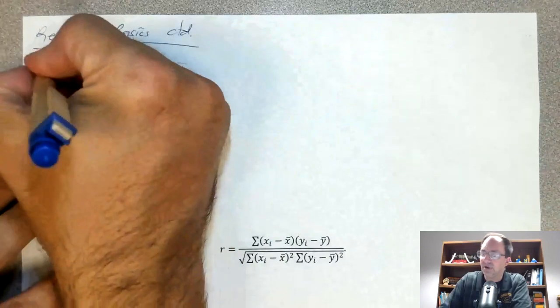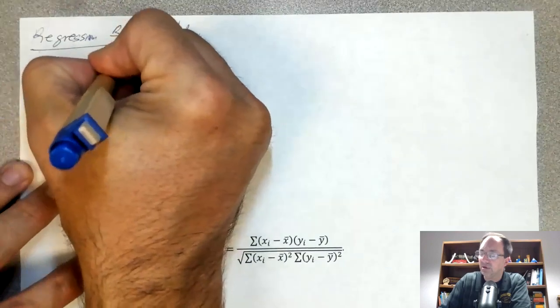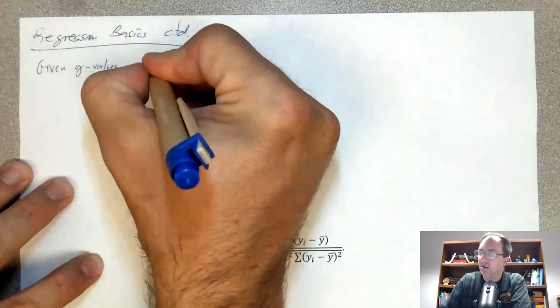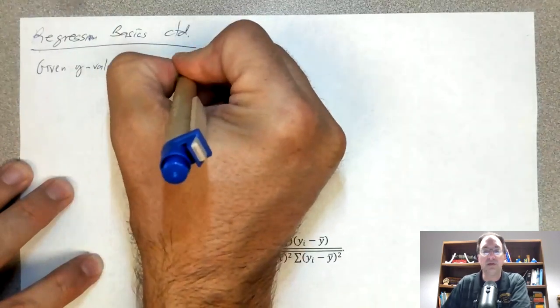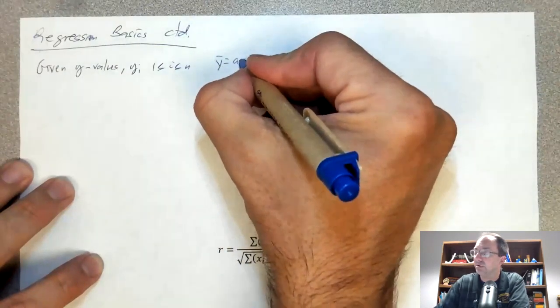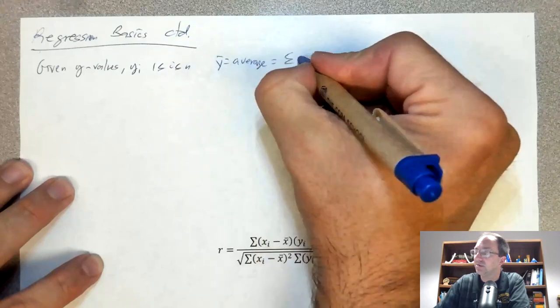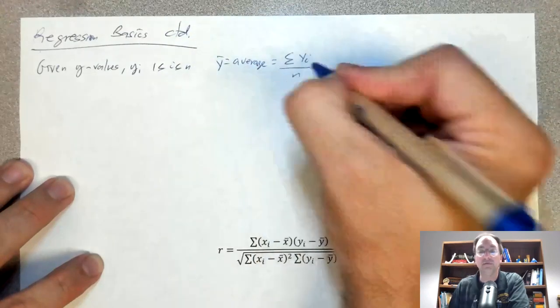The first thing we need to recognize is that given some y values, yi, where i goes from 1 to n, then y bar is the average, or in other words, the sum of all the yi's divided by n.